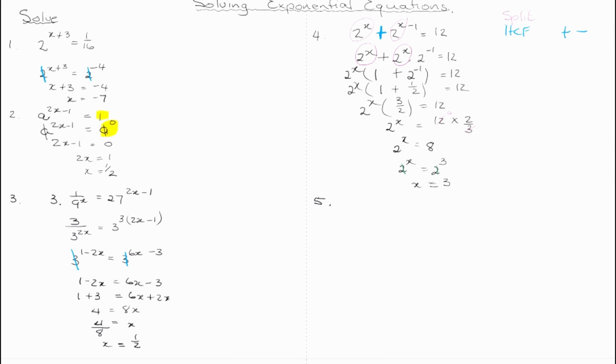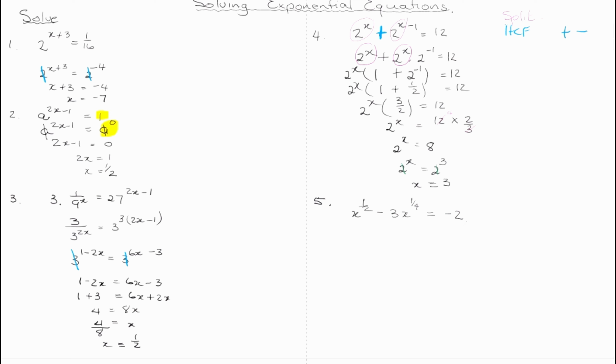The final example I'd like to do is x to the half minus 3x to the quarter equals negative 2. This one you've got to go and look at the x's.